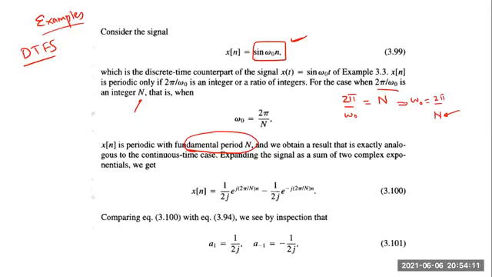Now, how to represent this signal in the representation that we derived? So what is the Fourier series representation of any discrete time signal?